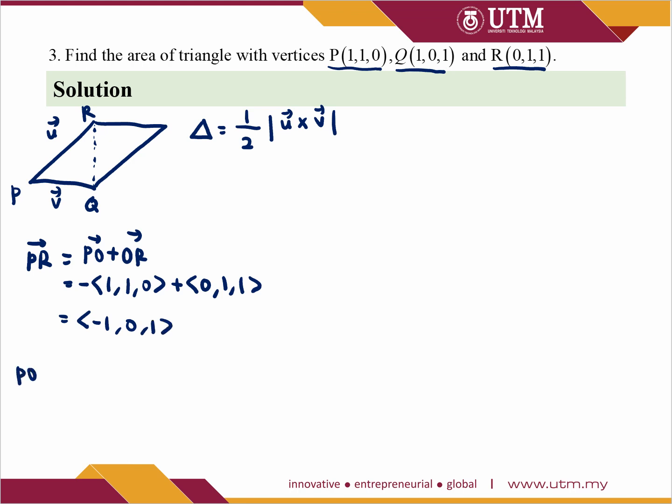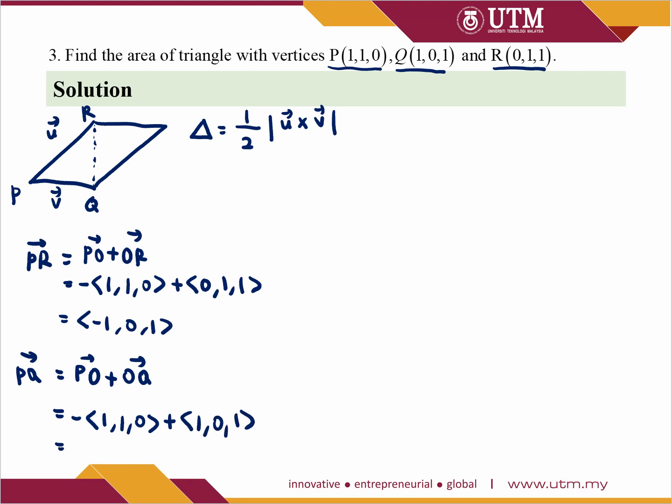Next for PQ. We need to find PO plus OQ. PO is the negative of OP, so OP is 1, 1, 0, and then your OQ is 1, 0, 1.